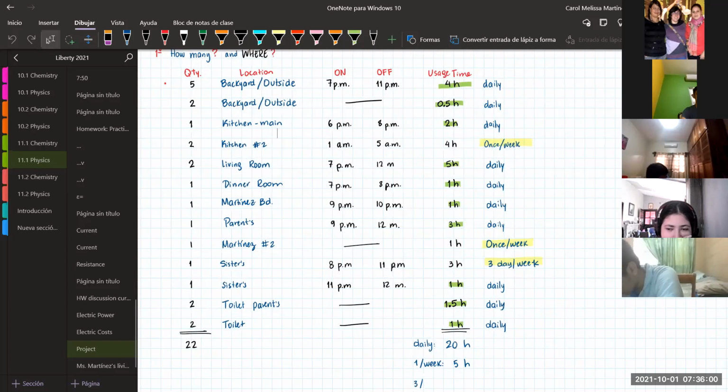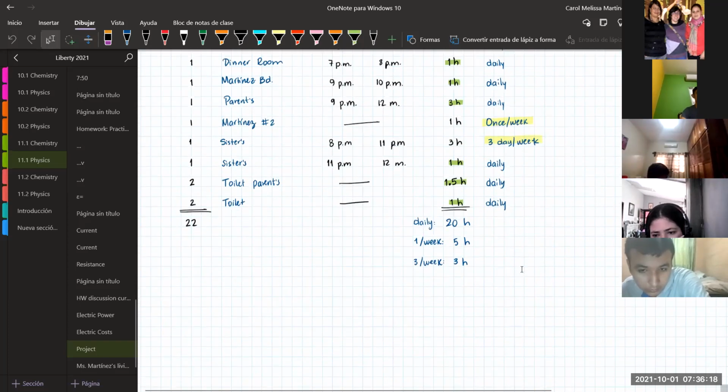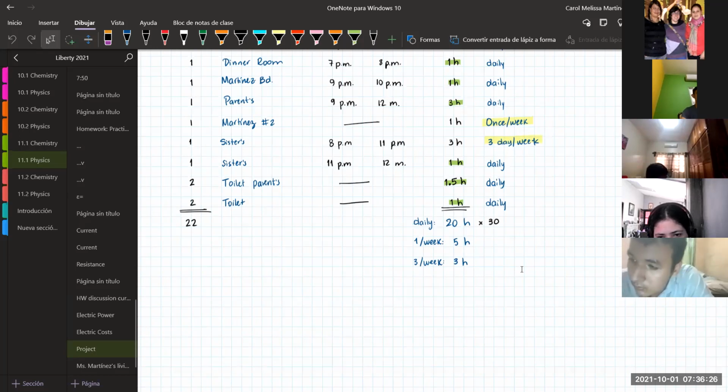Y 3 per week sería lo de mi hermana, que sería 3 hours, ¿ok? Ahora, lo que se consume diariamente lo vamos a multiplicar por 30. ¿Por qué por 30?